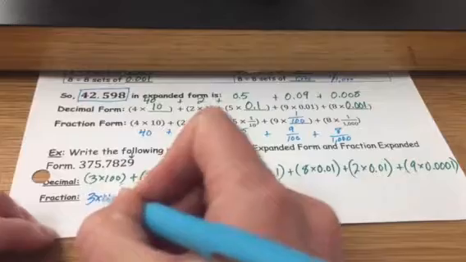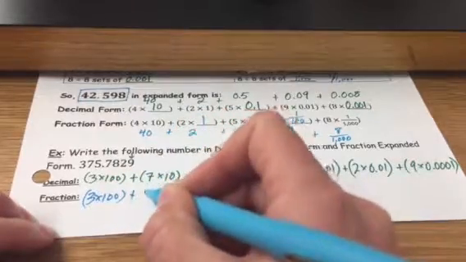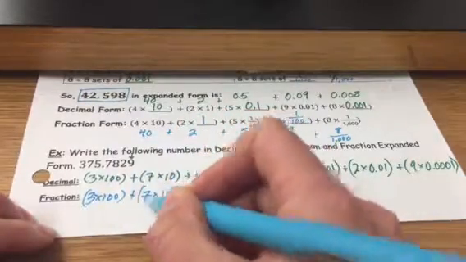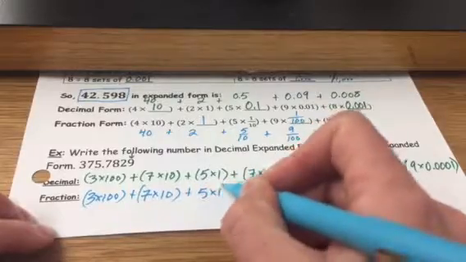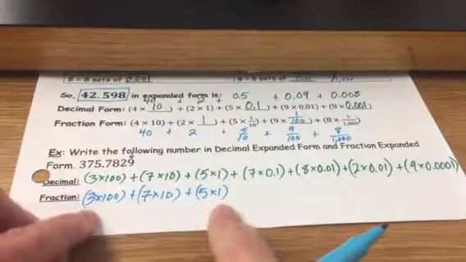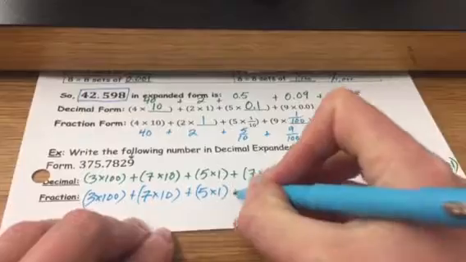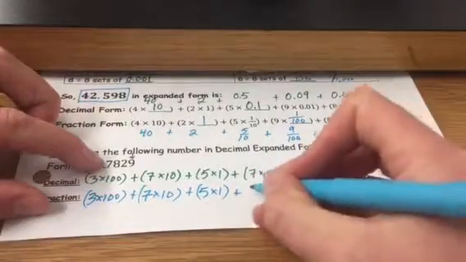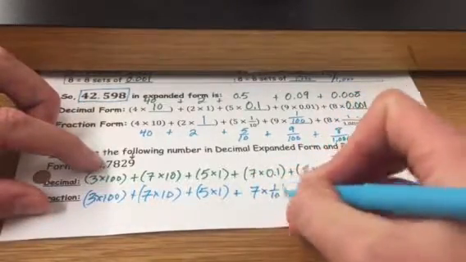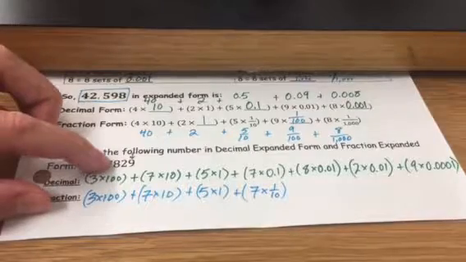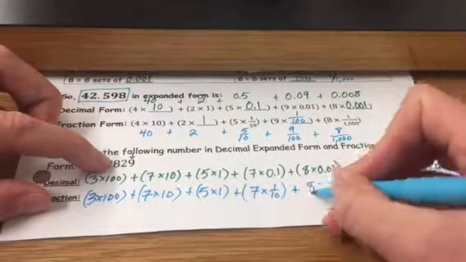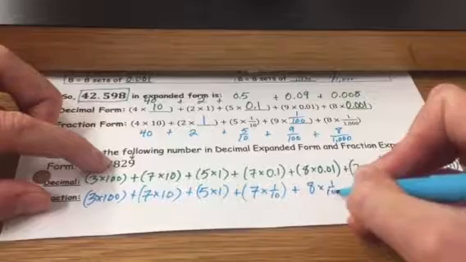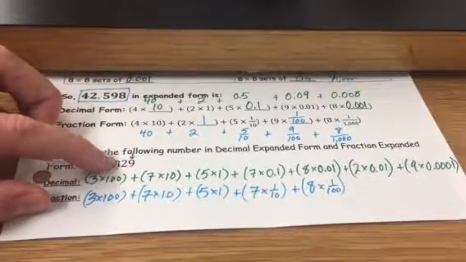And let's translate all of this into fraction form now as well. So it's going to be 3 times 100 plus 7 times 10 plus 5 times 1. Again, I'm just breaking it up into expanded form. And now, again, this is 7/10ths. So it's 7 times 1/10. 8/100ths. So it's 8 times 1/100th.